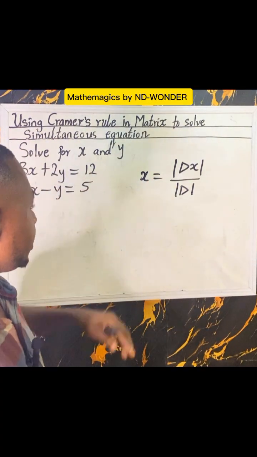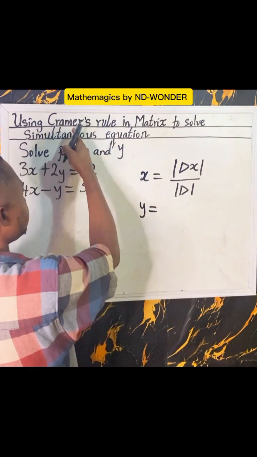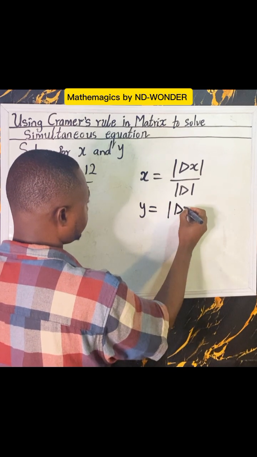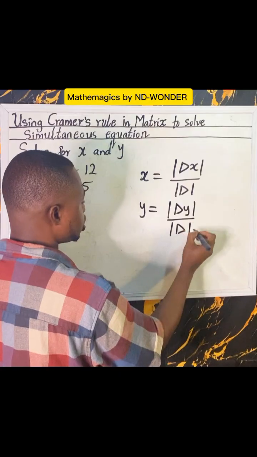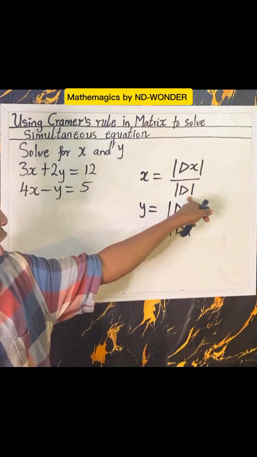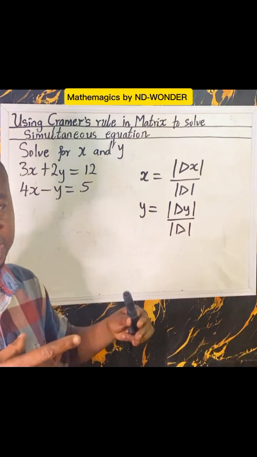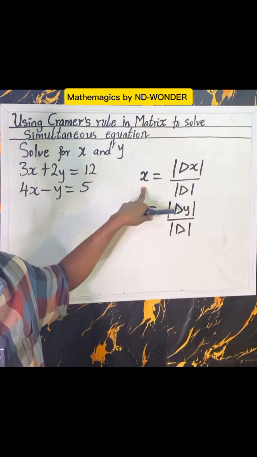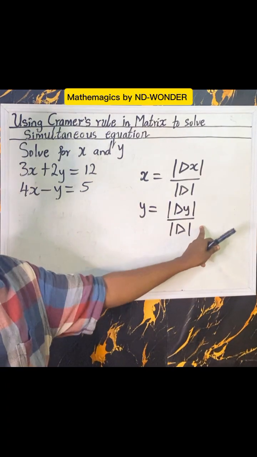Then for y, the determinant of change in y will be divided by the determinant of change. So we pick out the change, get its determinant, then obtain the change in x, get its determinant, and divide, and that gives us the value of x. We approach y the same way.